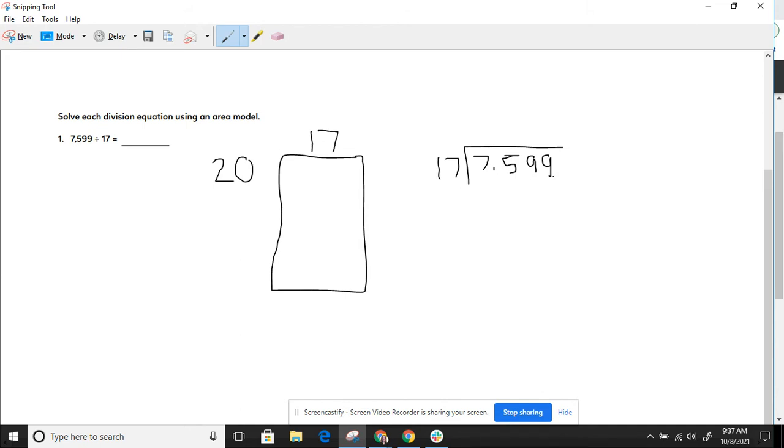That still doesn't get me very close. What if I did 17 times 200? If I know 17 times 2 is 34, and 17 times 20 is 340, then 17 times 200 would be 3,400. That's just some simple mental math when you're multiplying with numbers that end in 0.